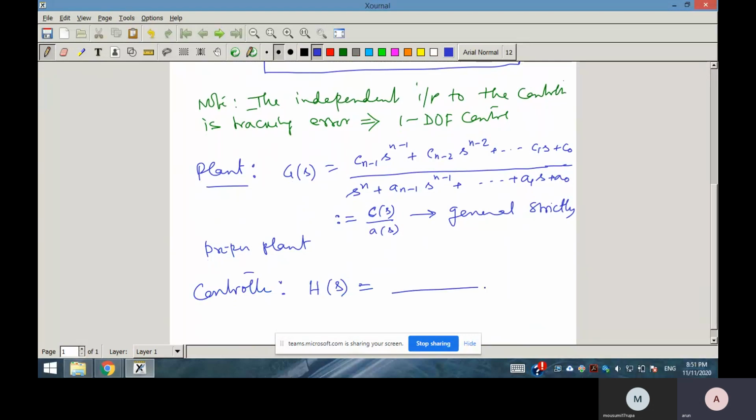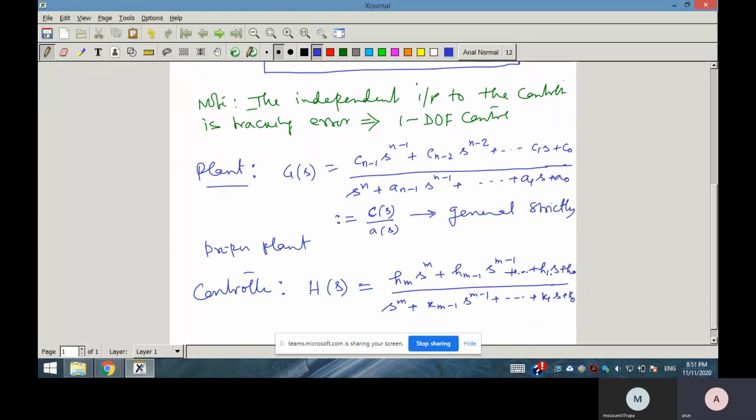I will consider it in this form: an mth order controller, with denominator s to the power m plus k m minus 1 s to the power m minus 1 plus dot dot dot plus k1 s plus k naught, and in the numerator h m s to the power m plus h m minus 1 s to the power m minus 1 plus dot dot dot plus h1 s plus h naught.